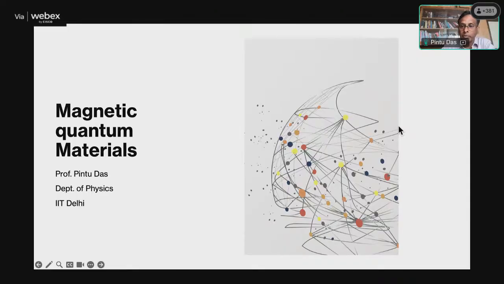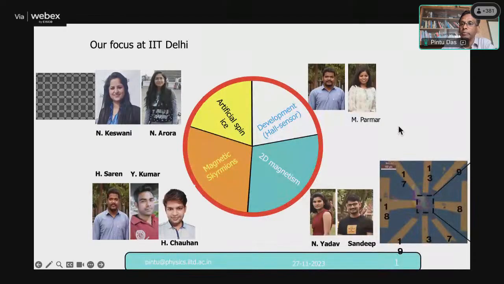So before I start, I'd just like to give a brief introduction about my research group, what we are doing. This slide is a little bit old, but primarily these are the different materials, different kinds of physics that we are exploring at IIT Delhi. Magnetism is one good part of that, where we are looking at magnetic fermions. I will give a brief introduction about that.